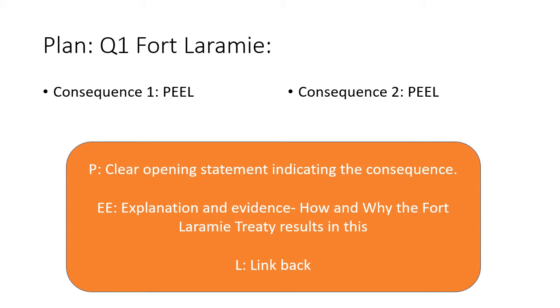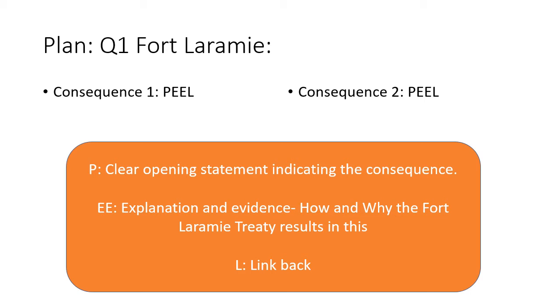Okay, now all that remains is for you to construct a plan that you think you could work with next week to allow you to write up the best possible answer to this question 1, explain 2 consequences of the Fort Laramie Treaty of 1851. So in your plan, you should have consequence 1, and that should be planned out as a PEEL paragraph, not written in full, mind, just planned.